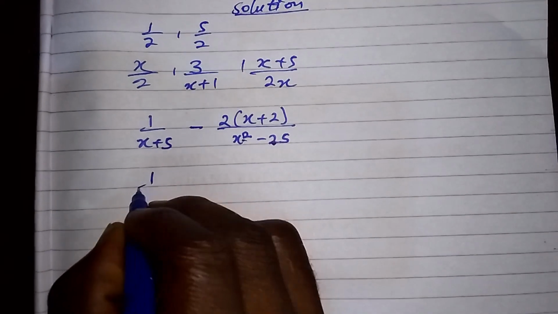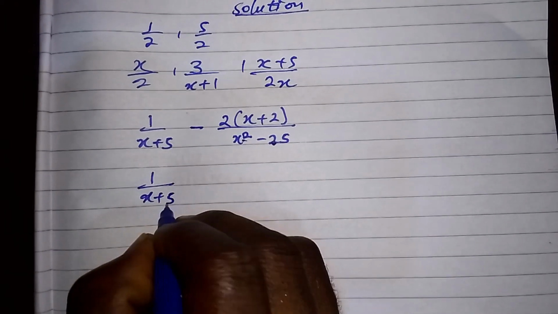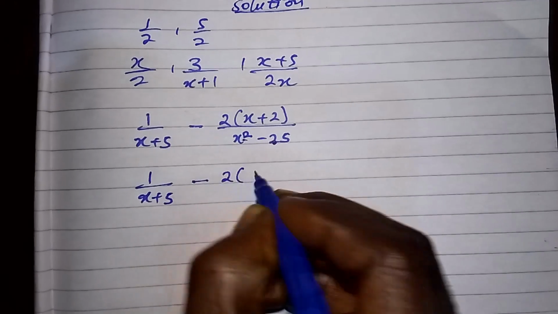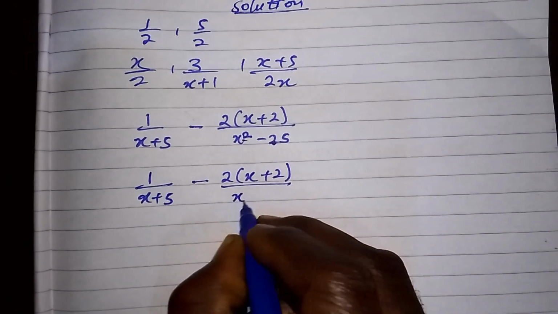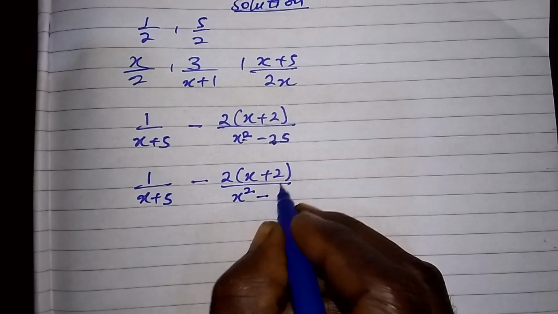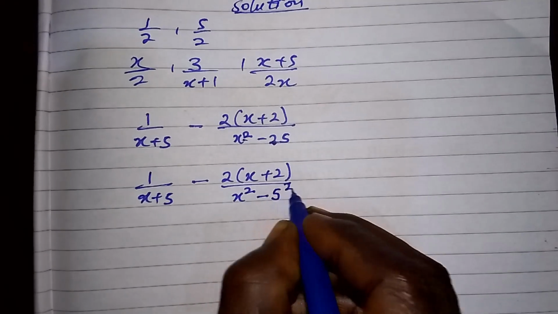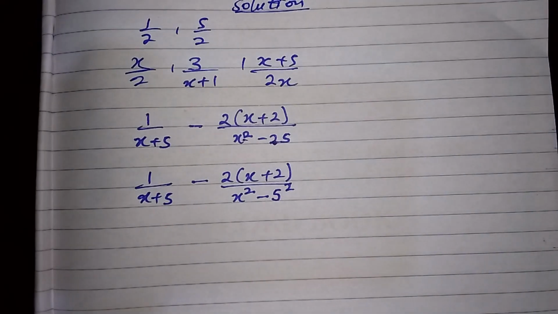This will give us 1 over x plus 5 minus 2 into bracket x plus 2 all over x squared minus, instead of 25, 5 squared, because 5 squared is 5 times 5, which gives us 25. We continue.